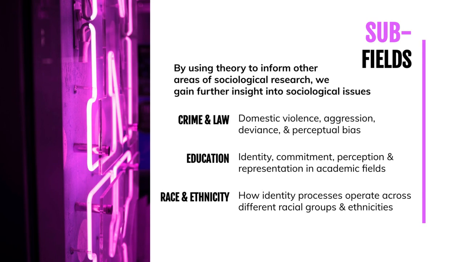Here I just put some of the focuses in these areas. It doesn't necessarily mean that they're limited to these particular topics, but it's typically what you see in these areas and the ways in which they tend to use identity theory.